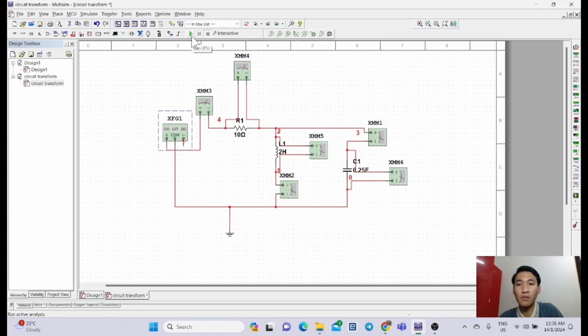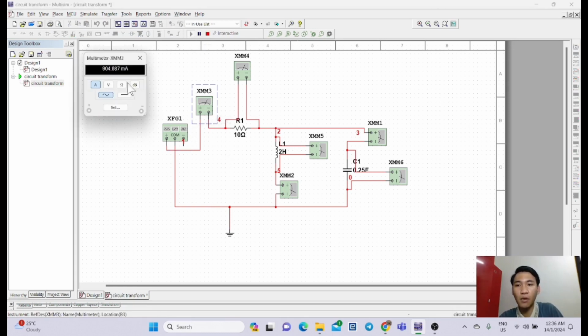So we run our simulation. We can find here our current, which is I total, around 900 milliampere, while our voltage is 9 volt, same as our source.